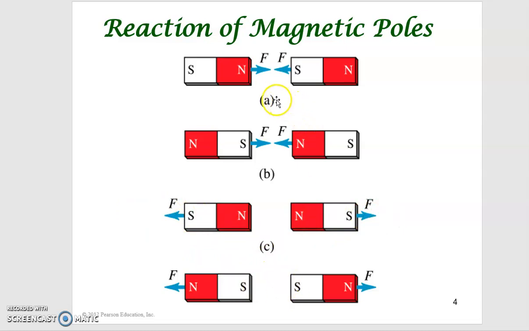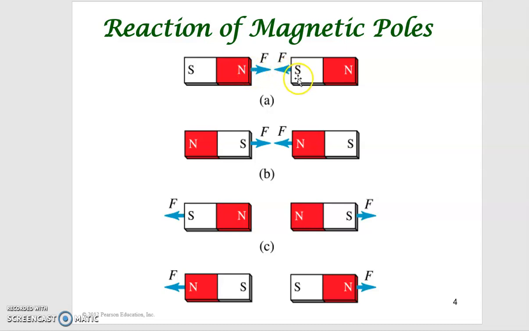Did you also notice that the force on the first bar magnet and the second bar magnet have the same magnitude but opposite directions? I hope you still remember when we studied this in the electric field. It is due to Newton's third law, action and reaction.